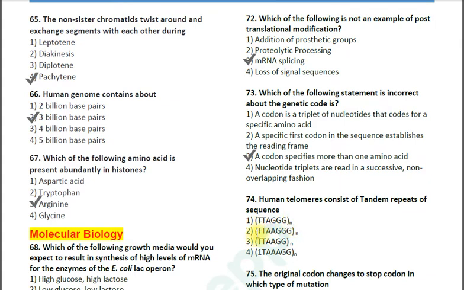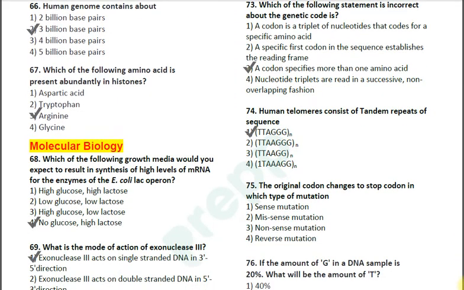Next, TT, double A, triple G. Third is double T, double A, double G. The fourth one should be T, double T, triple A and double G. So here the correct one is the first sequence, which is double T, single A and then triple G. You have to remember it.